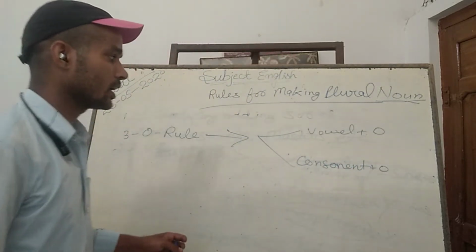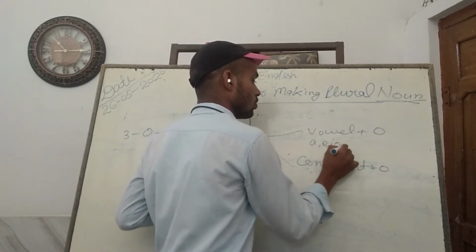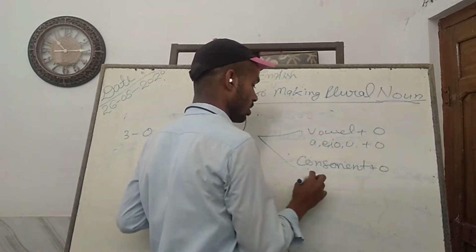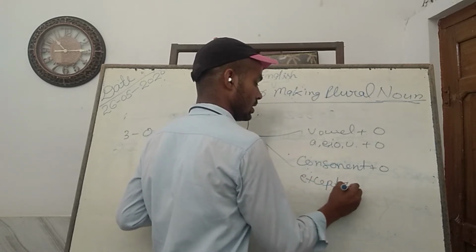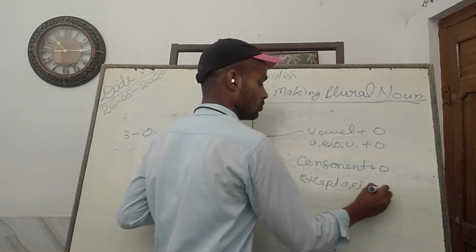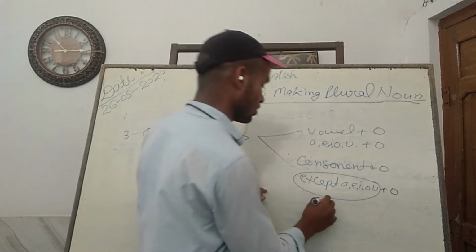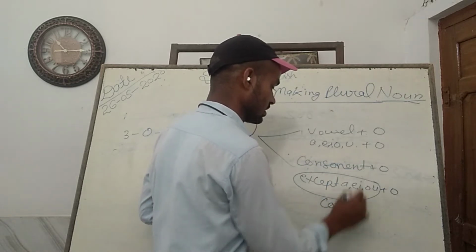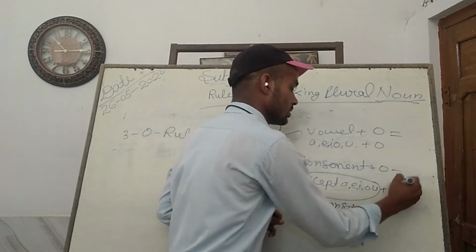That means a, e, i, o, u plus o, or except these vowels, a consonant plus o. Then what is the rule?